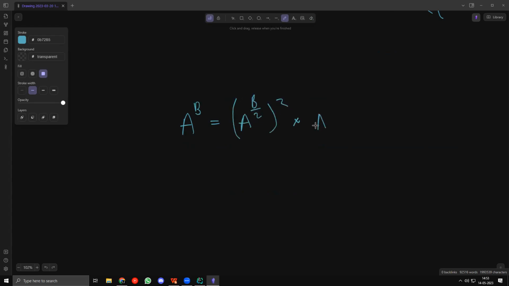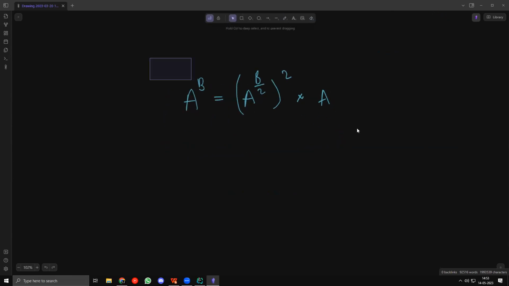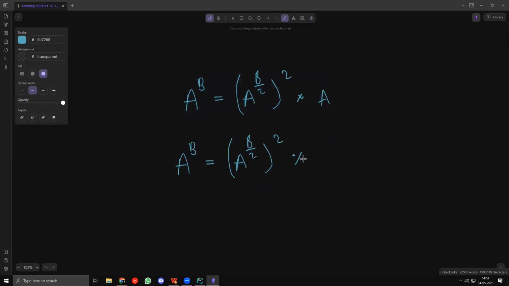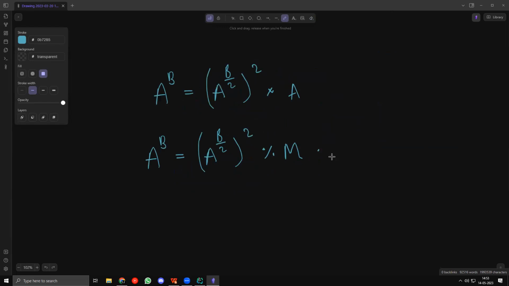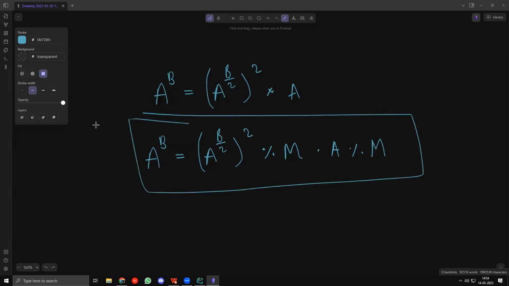And sometimes we'll take times a, right? This is binary exponentiation. But to convert it to modular exponentiation, all you have to do is take the same thing, say, take this modulo m, multiply this by a, and again take modulo m. Right? There you go. And that's it.